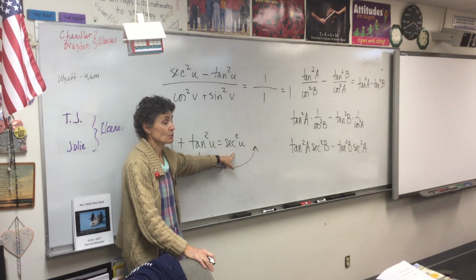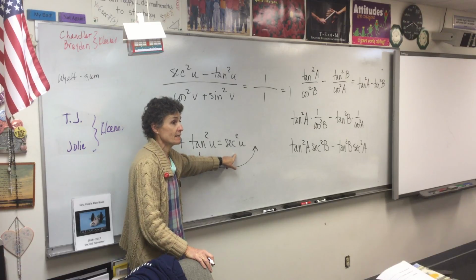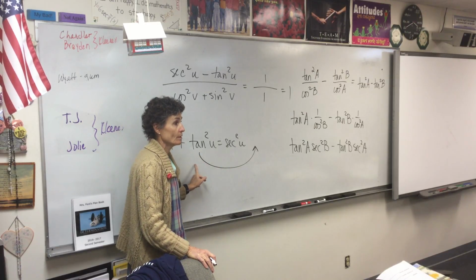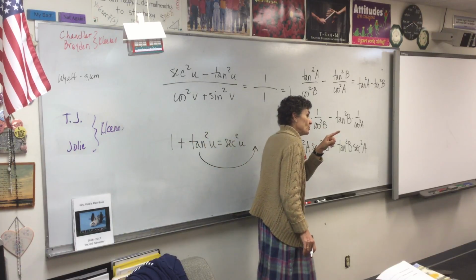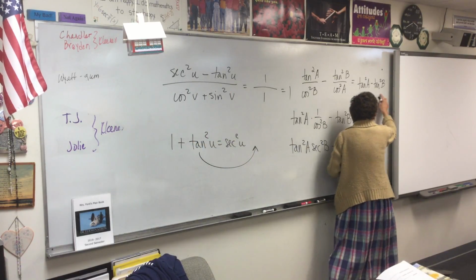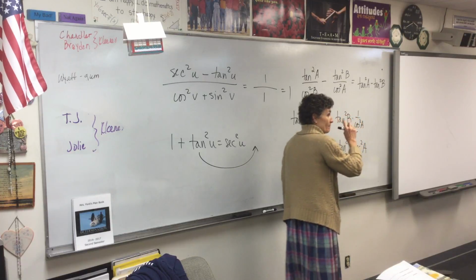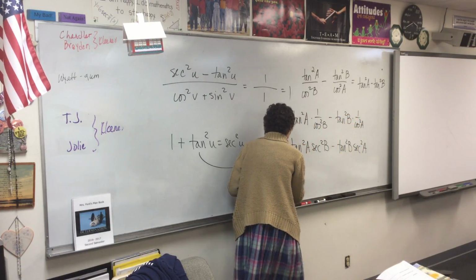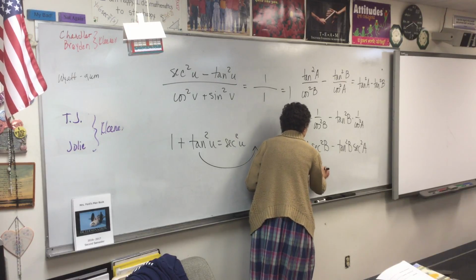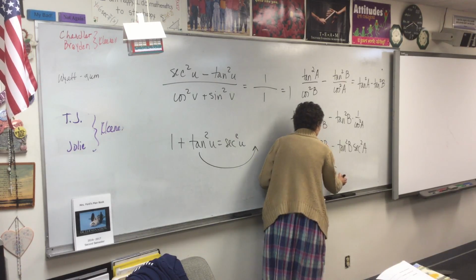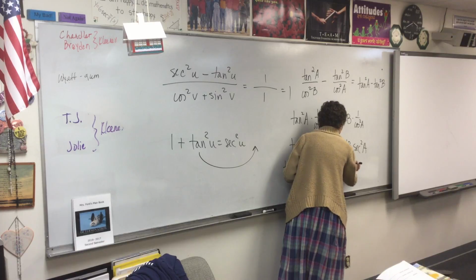What is secant squared equal to? 1 plus tangent squared. And why is that good news? Because I only want tangents. So if I can get rid of my secant by replacing it with tangent, then life is good.